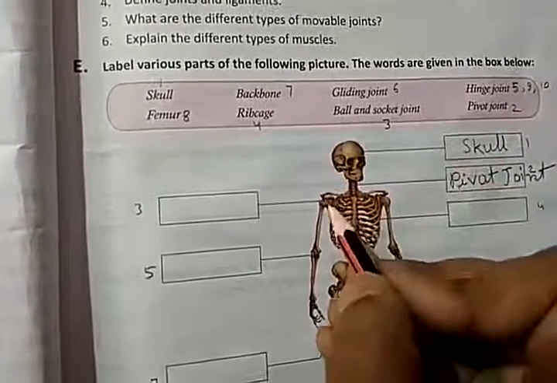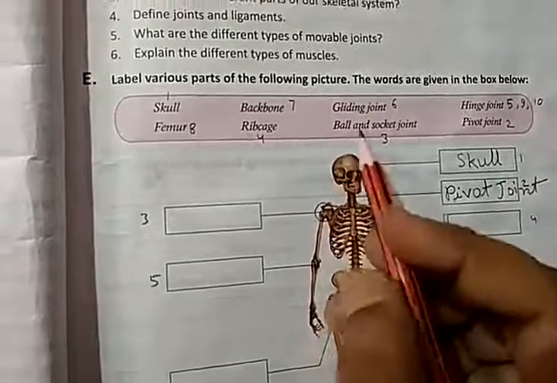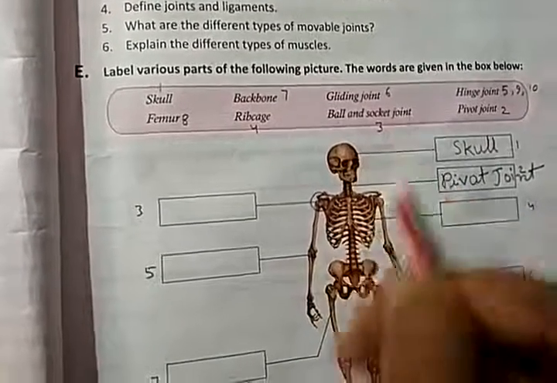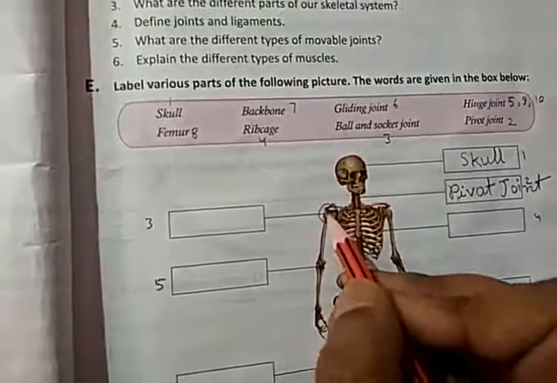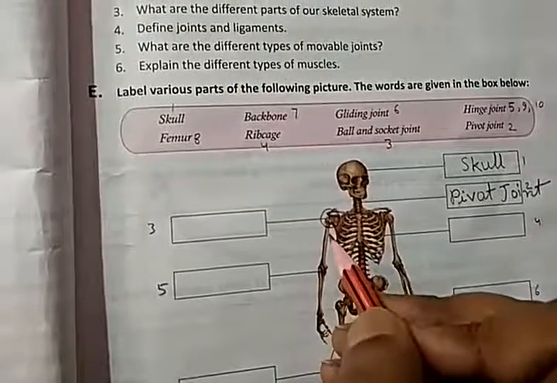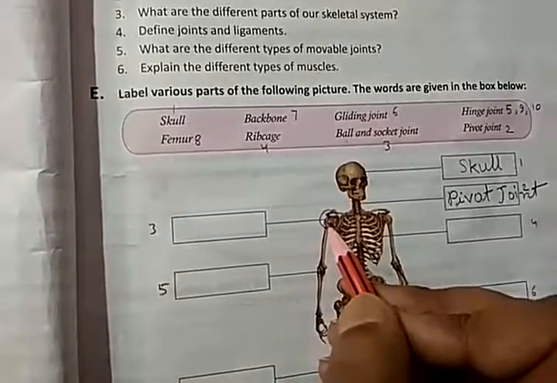In third number you can see this joint. This is called ball and socket joint, because from here we can move our hand in every direction.